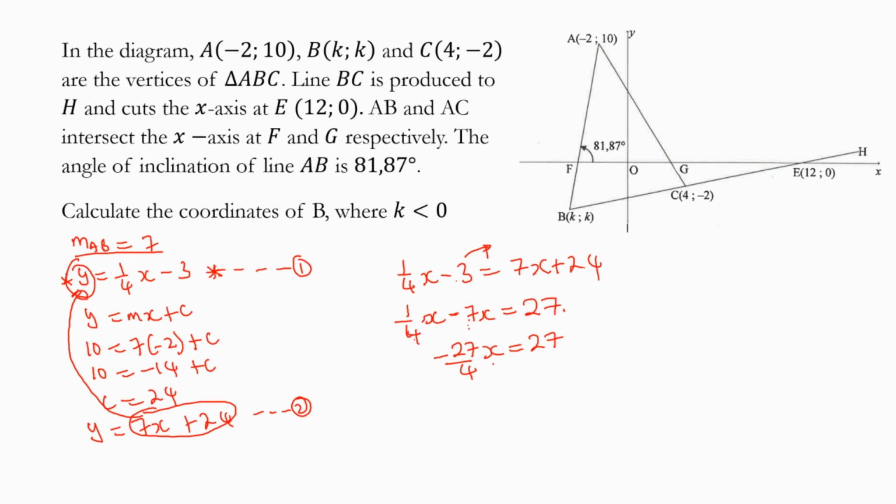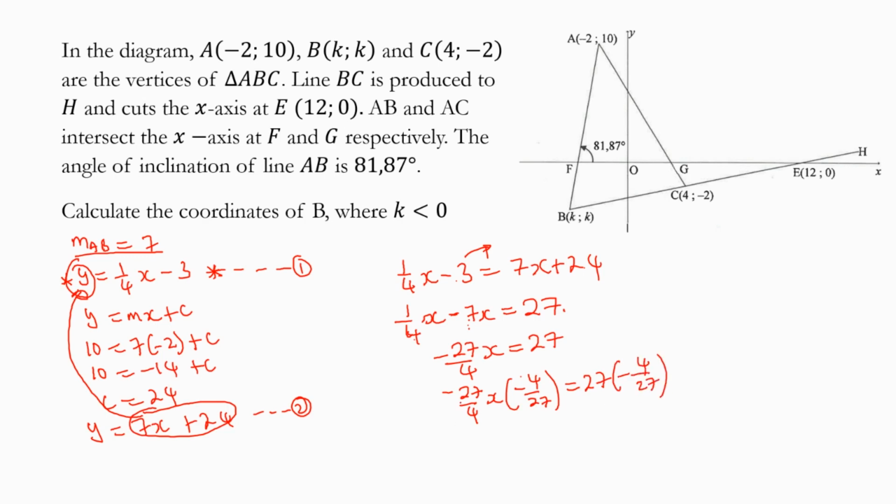And then what we do, we can now multiply both sides by 4 and then divide by negative 27. You can do that, or you can just multiply by the multiplicative inverse on both sides. So negative 27 over 4 x times negative 4 over 27 is equal to 27 times negative 4 over 27.